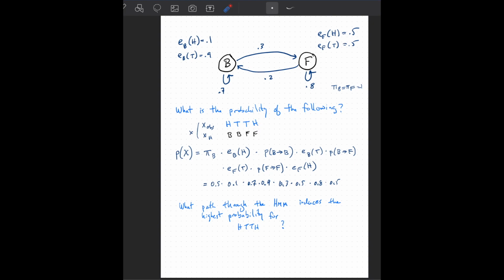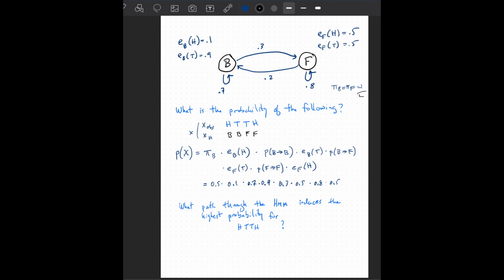So if we call this X, made up of two components, observed and hidden, then the probability of X starts with the probability that you started in the state with the biased coin, because she started in the state of the biased coin. And that probability is 0.5. The same typo is there.